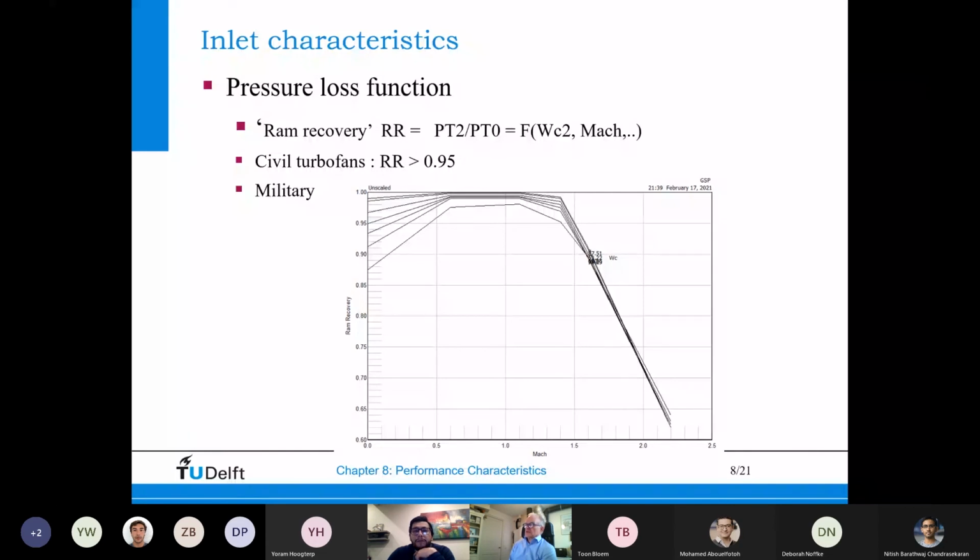Now, an F-16 is designed for Mach 0.8. If you did not want to fly any faster than Mach 0.8 with an F-16, you could do the same, and you would have an almost flat efficiency here. But you also want to use the F-16 supersonically, and then you need a very sharp inlet lip.